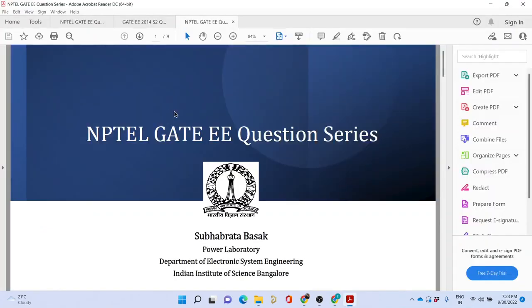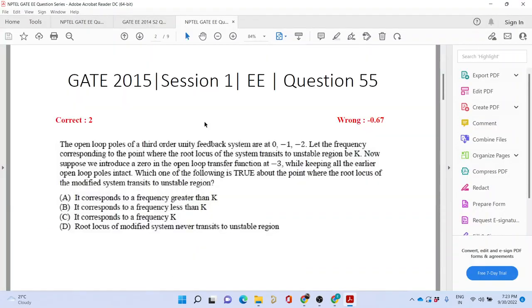This may be a bit lengthy, so I will give you 5 minutes time to solve it. Okay, so the open loop transfer function has been given to you. It has been told that the open loop poles of a third order unity feedback system are located at 0, -1 and -2. So the gain at which the root locus is moving to the unstable region is k.